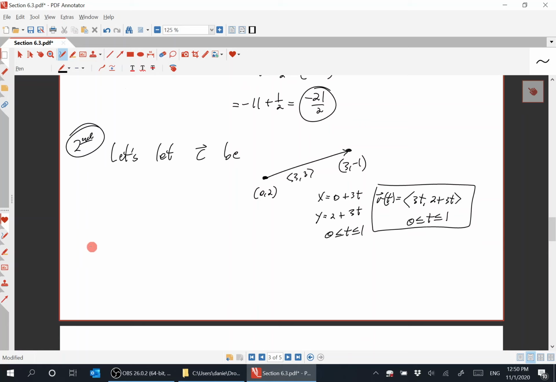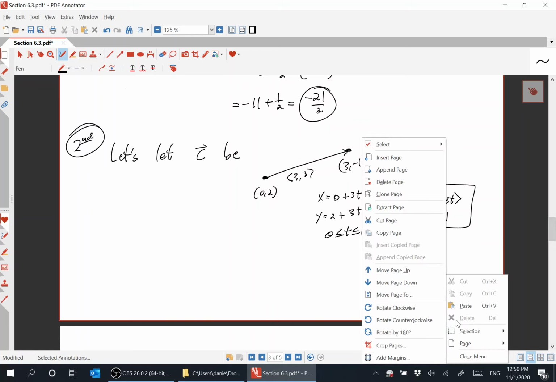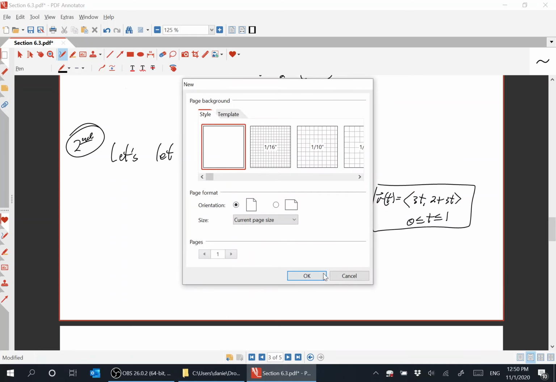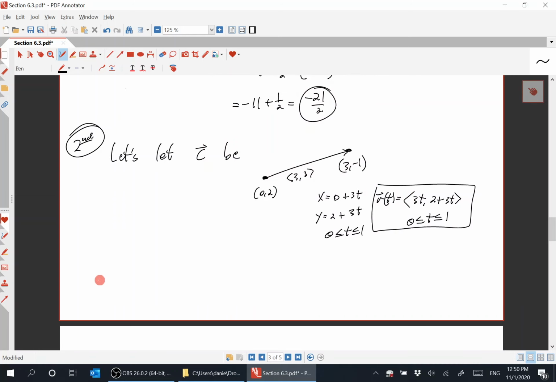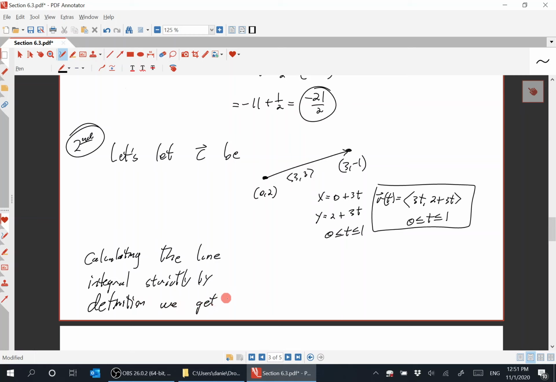So now, just by the definition of what the line integral is, calculating the line integral strictly by definition, we get the following.